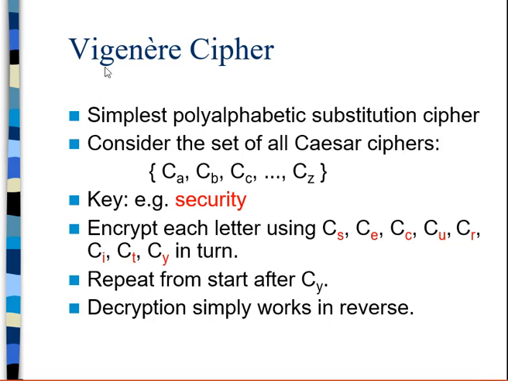There was another method, because all these methods that we are describing here are broken. The Vigenère cipher uses this sophisticated substitution. We can consider the set of all Caesar ciphers. Then you can consider one word as your secret key, for instance, security.